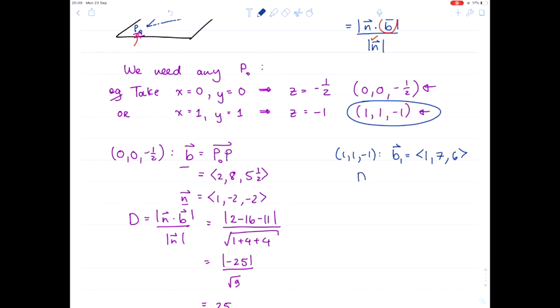And if you do your calculation for d, you'll find that you want the absolute value of 1 minus 14 minus 12 over the magnitude of our normal vector, which hasn't changed, so that's just 3. And if you finish that up, you're still going to end up with 25 over 3. So that just shows it didn't really matter which of these 2 points you used. You could have used either of those or any other point.